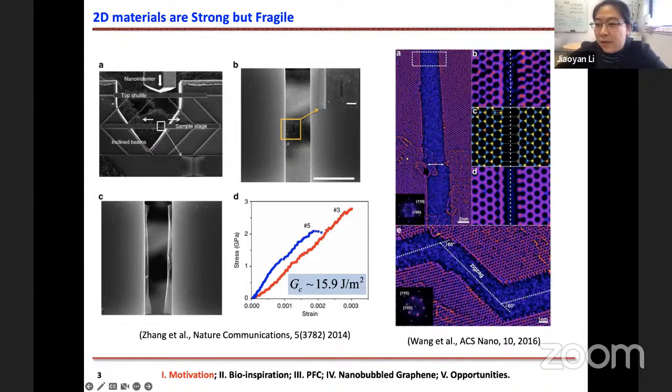Molybdenum disulfide, as you can see from this picture, is an AFM in situ initial fracture test of MoS2. Although the authors do not report the fracture toughness, we can see the clear cleavage surface, and this cleavage surface implies a brittle fracture behavior.